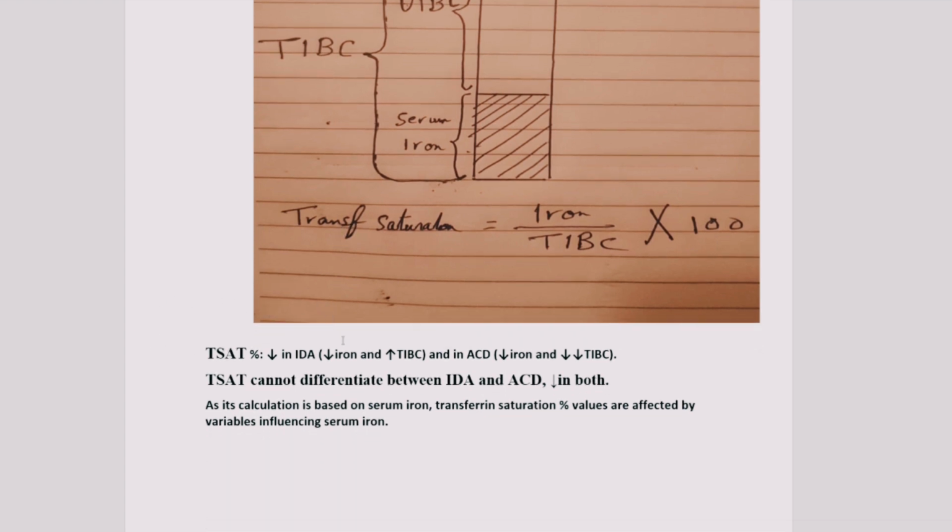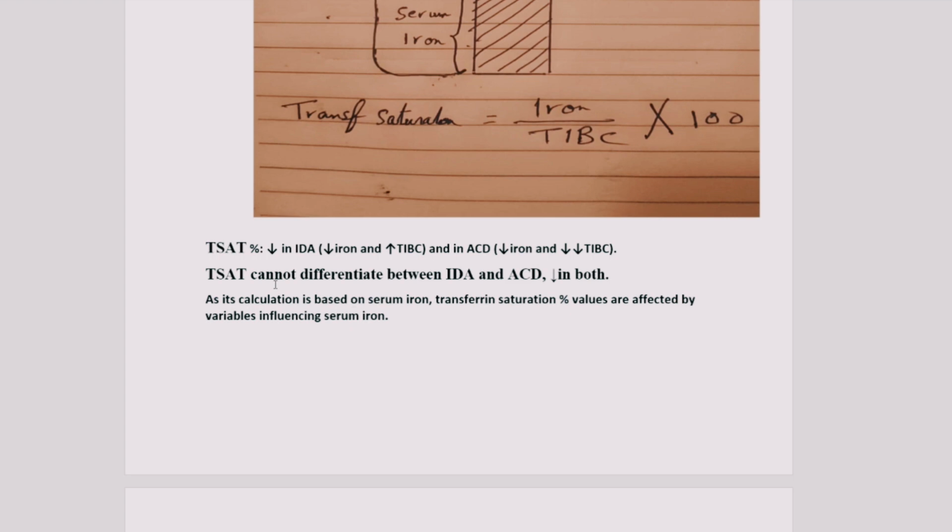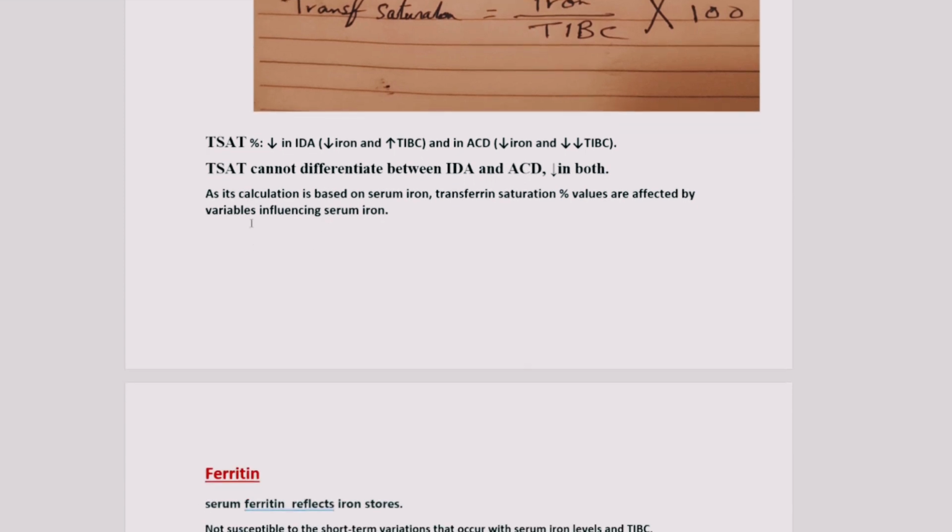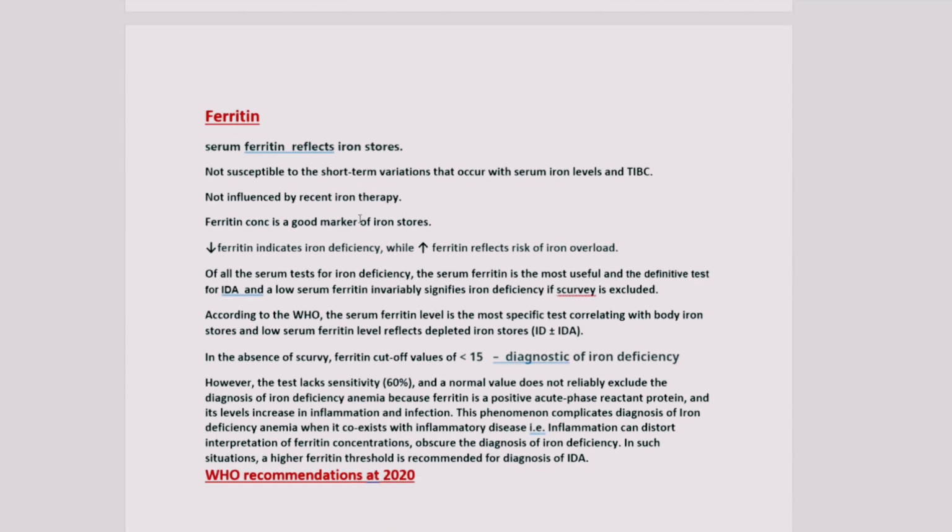Transferrin saturation decreases in iron deficiency anemia as iron decreases and TIBC increases, and also it decreases in anemia of chronic disease since both iron and TIBC are reduced. Transferrin saturation percent, therefore, cannot differentiate between iron deficiency anemia and the anemia of chronic disease since it's low or reduced in both. Also, it's affected by diurnal variation like serum iron.